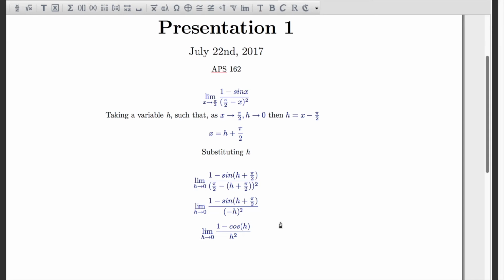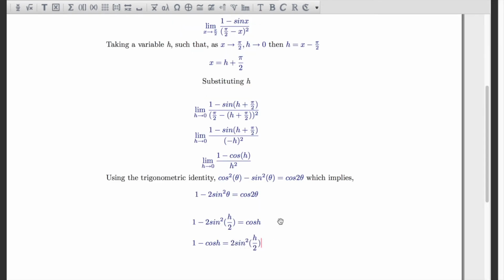So we use another trigonometric identity that essentially says that cos squared theta minus sine squared theta is equal to cos 2 theta. Now, as I mentioned earlier, the limit of sine h upon h being equal to 1 as h tends to 0 is an important tool in our kit box that we can use to solve for the limit of this function. And so we should try and get everything in terms of sine.